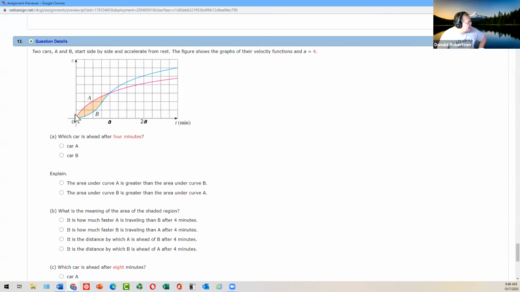So what you've got here is red car A. This is its velocity curve. So you know at A and at 2 and at 3. And red car B is the blue one. Which car is ahead after 4 minutes?